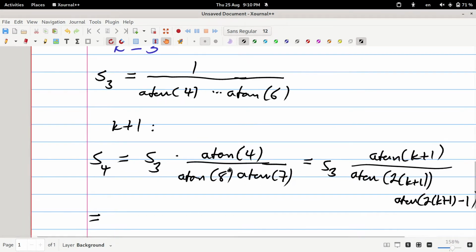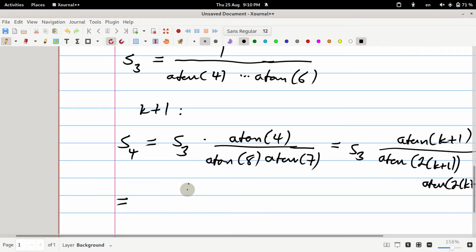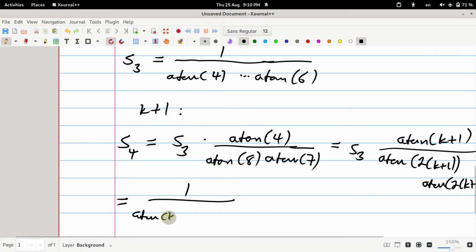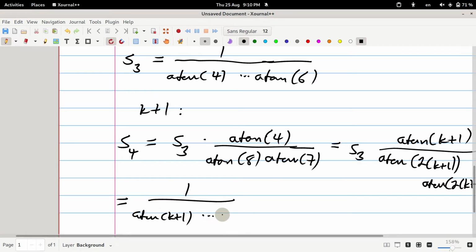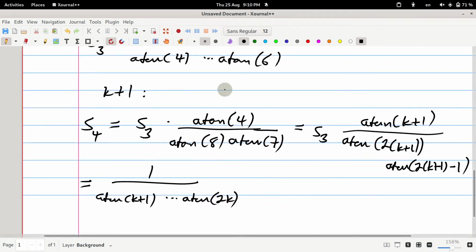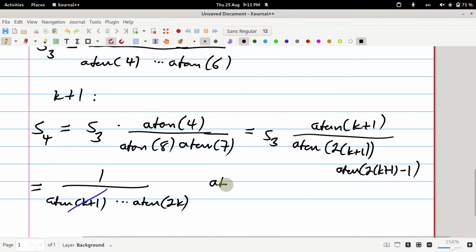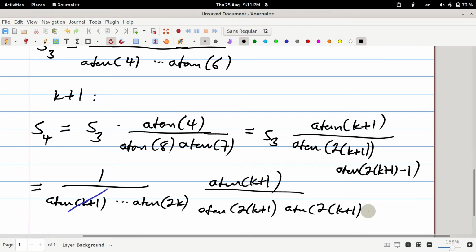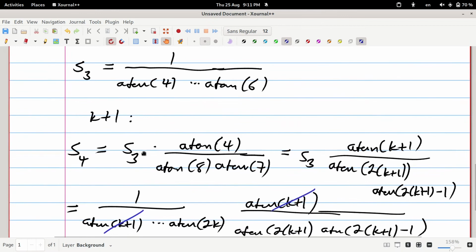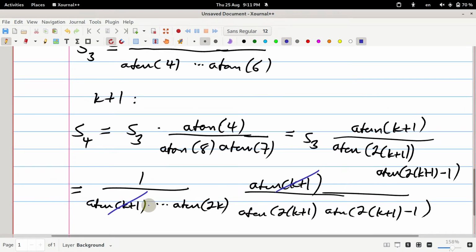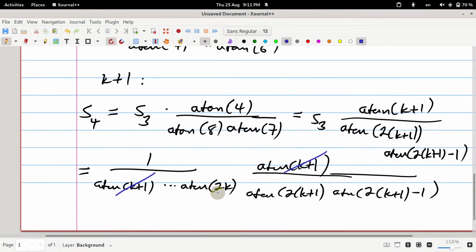A tan k plus 1, which is what we see in here, a tan k plus 1 multiplied all the way up to a tan 2k. This is going to get canceled out. A tan k plus 1, a tan 2k plus 1, a tan 2k plus 1 minus 1. This gets canceled out, and what we're left with is k plus 2, 3, and so on until 2k.